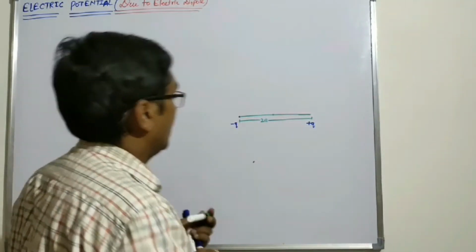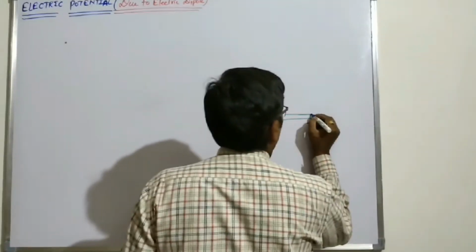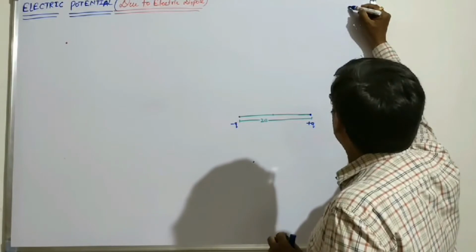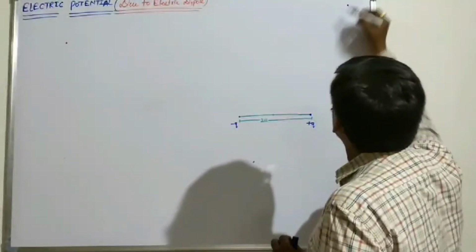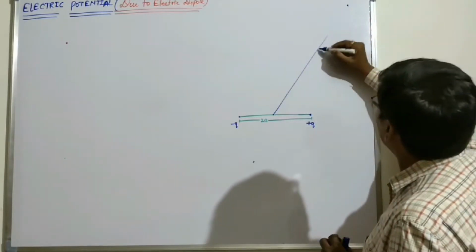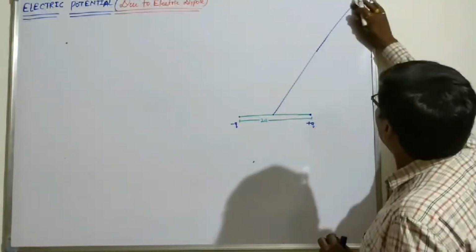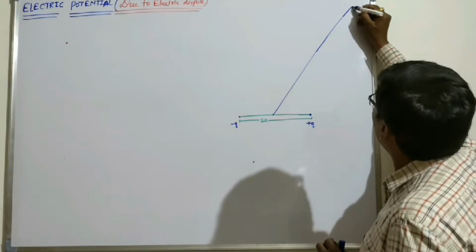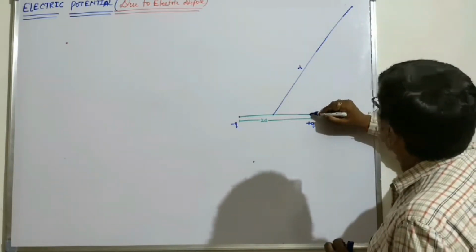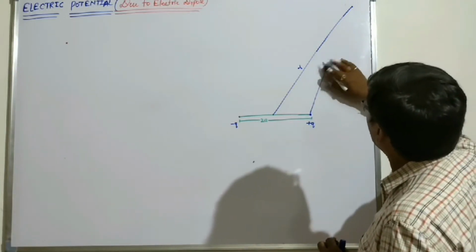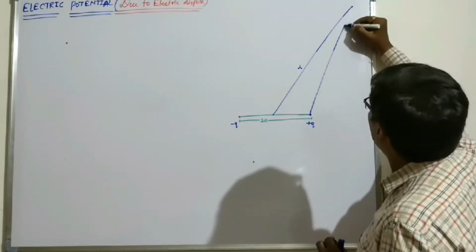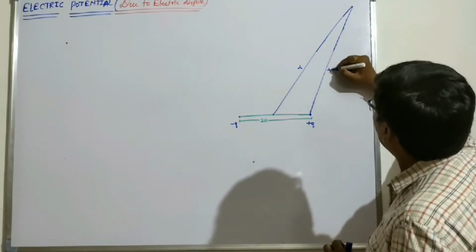Okay? Here is charge Q. And the observation point is situated here. Distance from the center is R. And distance from this point from positive charge is R1.